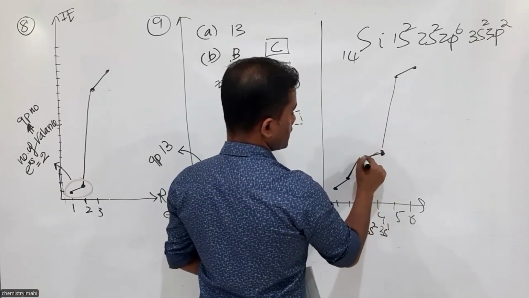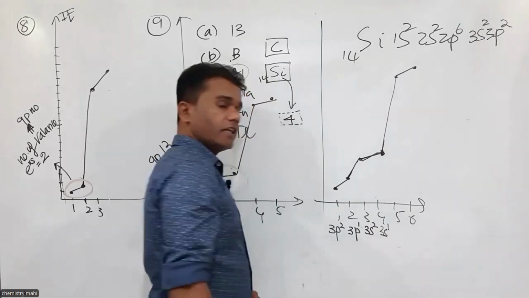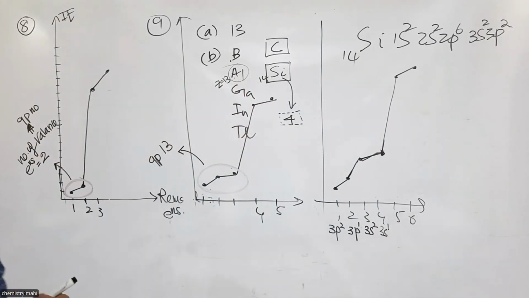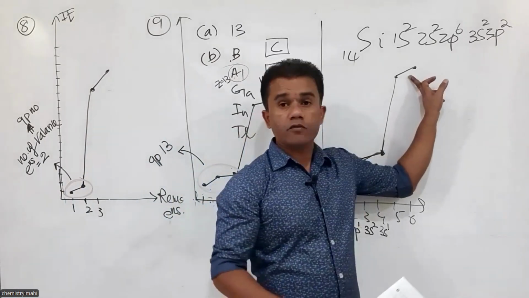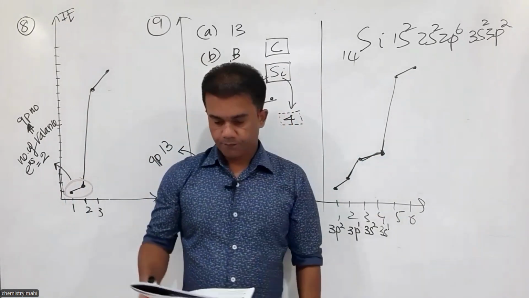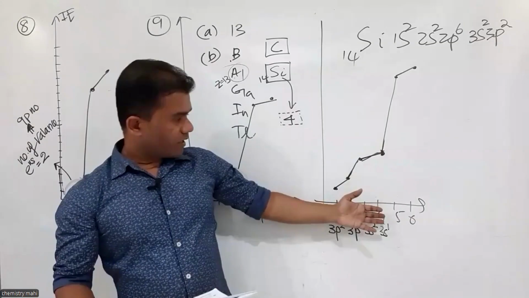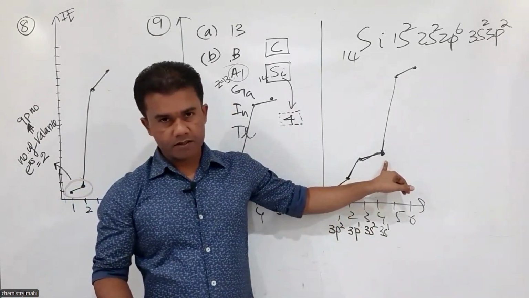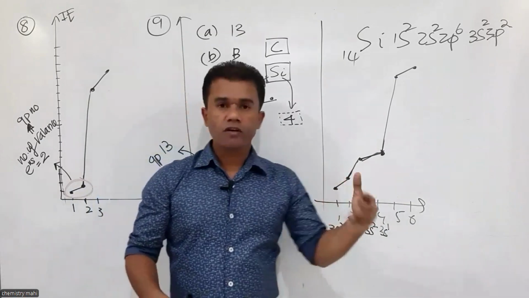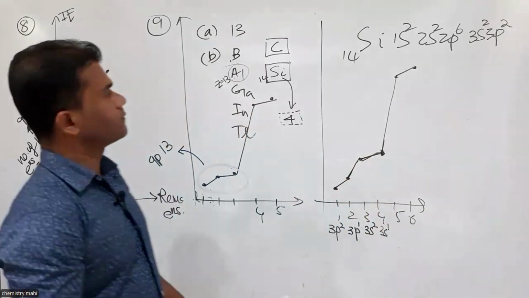So if you draw it in this manner, that will be highly accurate. But the largest gap is between 4 and 5. This could be the answer. If you have given these 4 straight lines, it is still correct. But I think now you know something more than that.